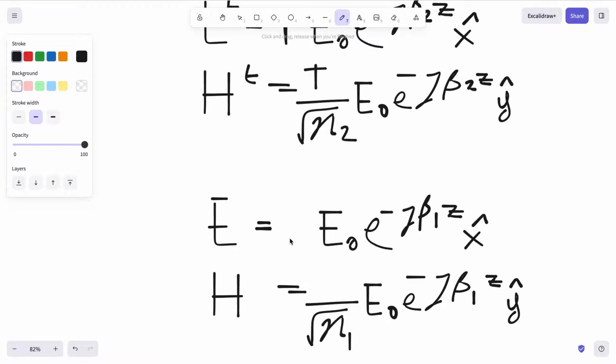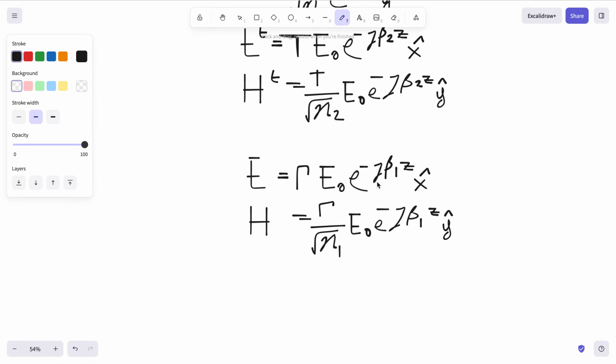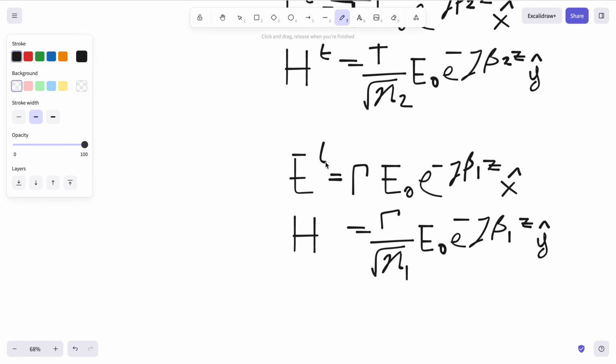And instead of our transmission coefficient, it's our reflection coefficient, which I'll write like this. And this is for reflected coefficients.